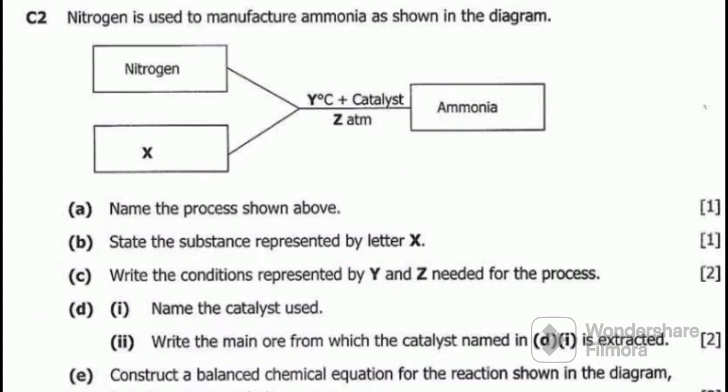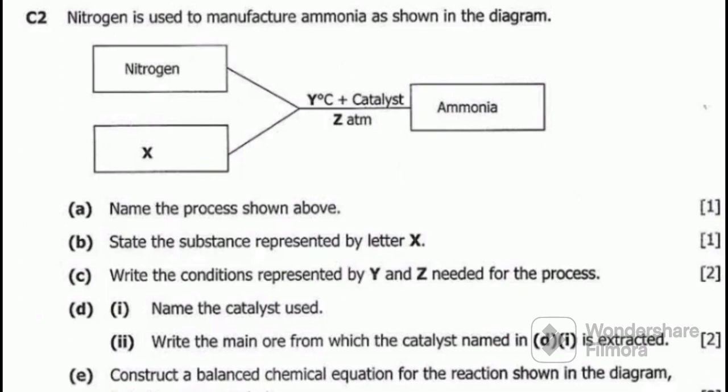When you are manufacturing ammonia, at what temperature should it be? In some books it's different. Some books show different temperatures, so on this one there is tolerance.